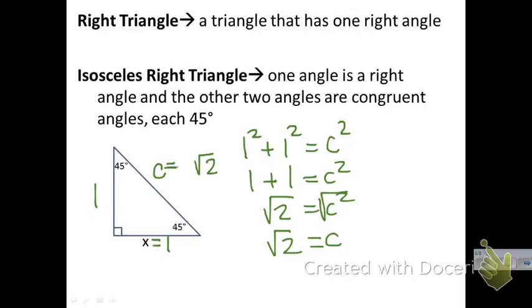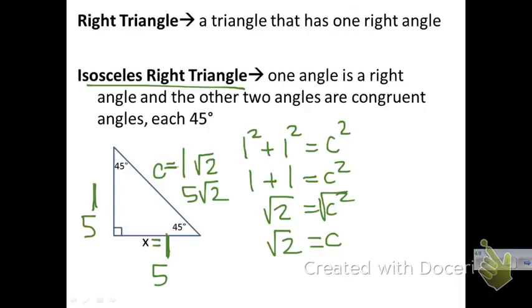I'm going to do something a little sneaky. I'm going to put a 1 right there. And if you notice, in a 45-45 or an isosceles right triangle, the legs are exactly the same, and the hypotenuse is root 2 times bigger than the leg. So then we said, what if this was 5? Then it would make this other side 5, and it would make the hypotenuse 5 root 2.